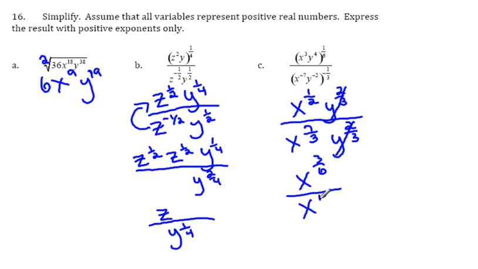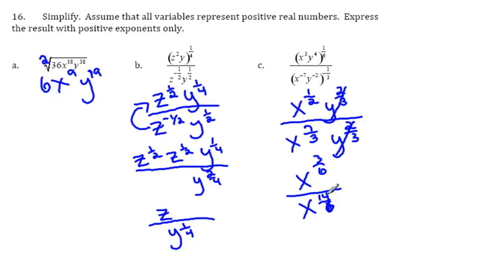That gives me x to the 14 over 6. I multiplied both my numerator and my denominator there by 2, so 7 times 2 was 14 and 3 times 2 was 6.